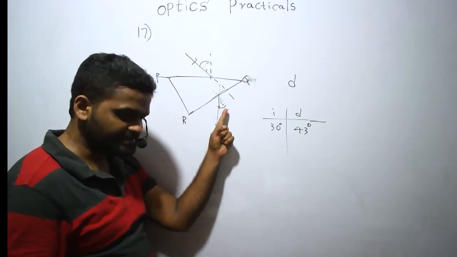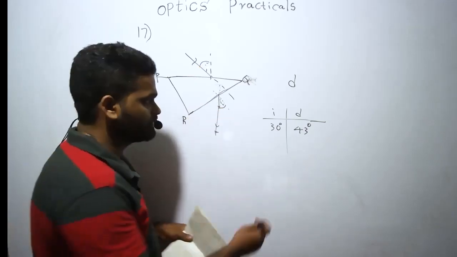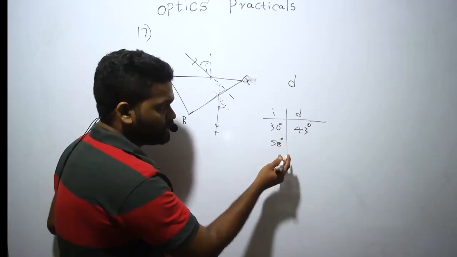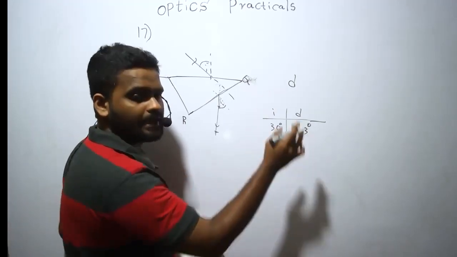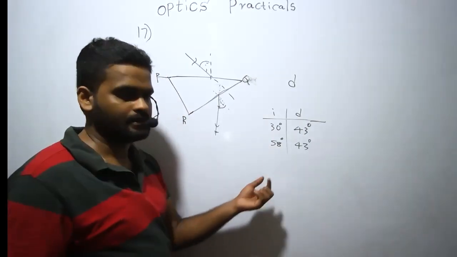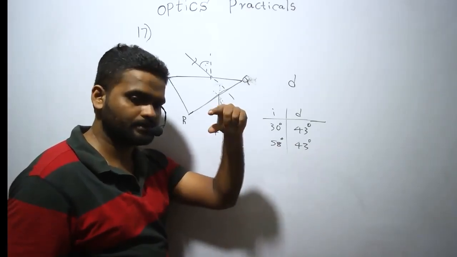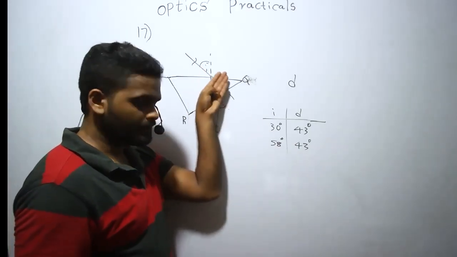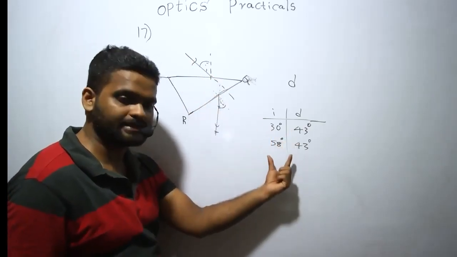In that case, let's say this I2 is like 58. For 58 as well, you have the same angle of deviation, 43. Now you have an extra coordinate. So you do the experiment once for one incident angle, and you have two coordinates.